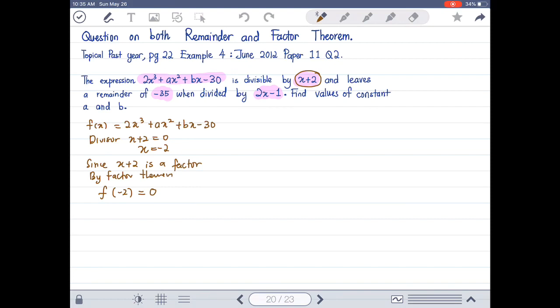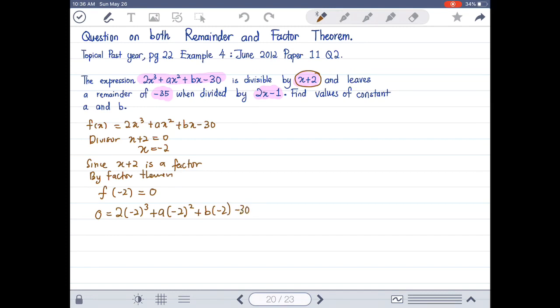So which means that we have 0 equals 2 times negative 2 to the power of 3 plus a times negative 2 squared plus b times negative 2 minus 30.